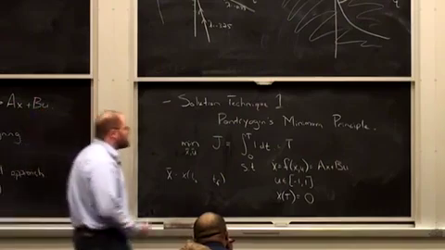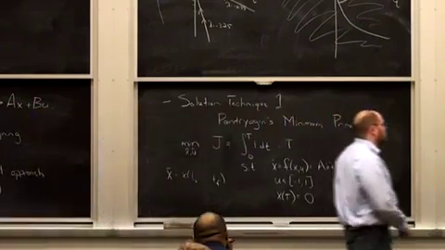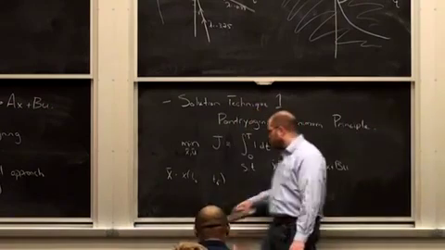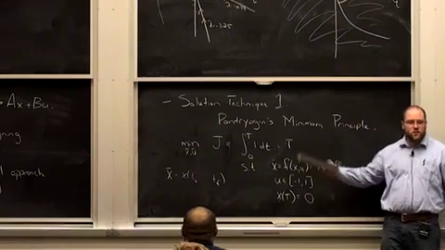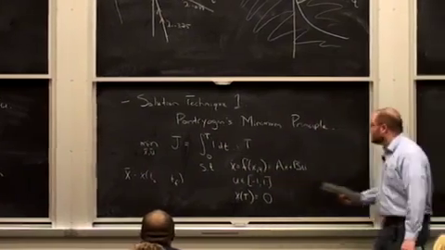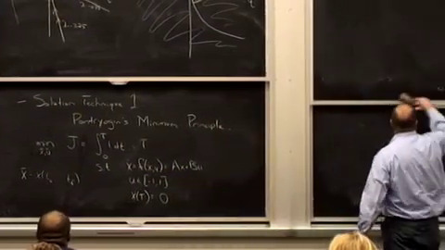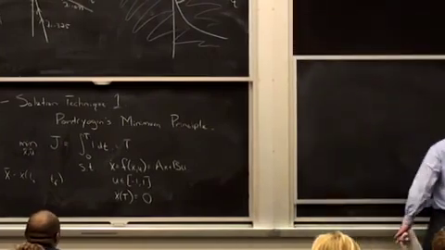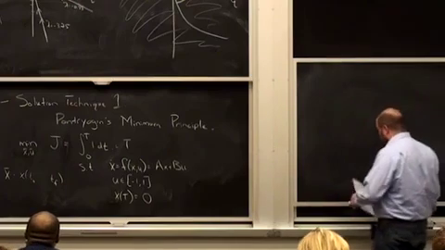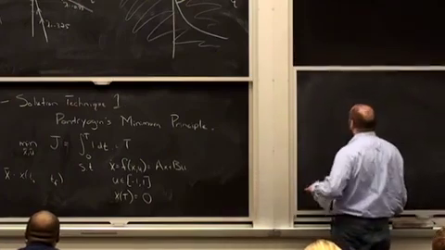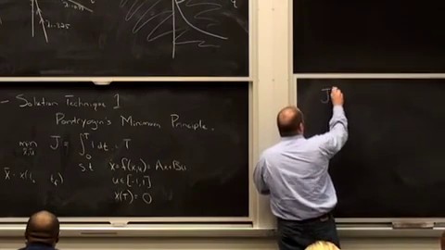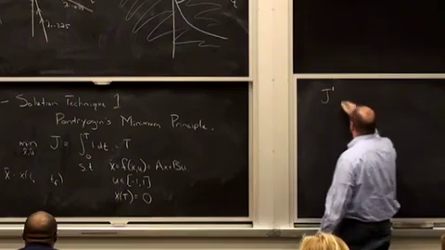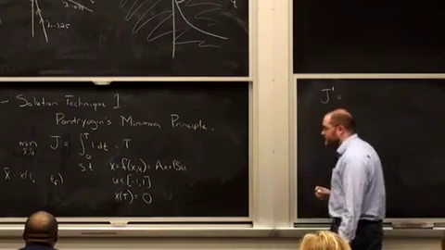Pontryagin's minimum principle is nothing more than putting Lagrange multipliers to work to turn that constrained optimization into an unconstrained optimization. For this problem, we can build our augmented cost, I'll call it J prime, which is the same thing but taking in the constraints.